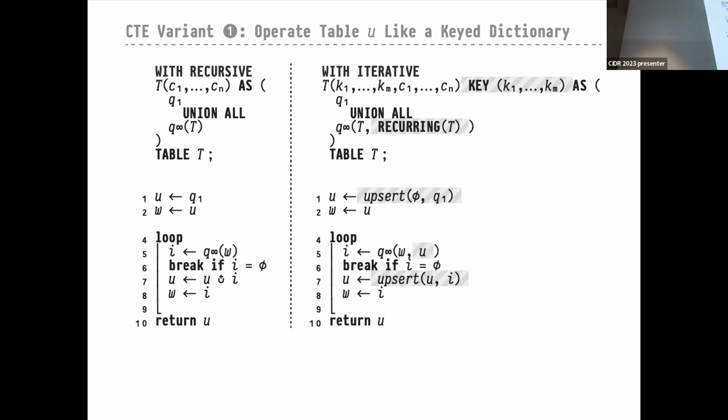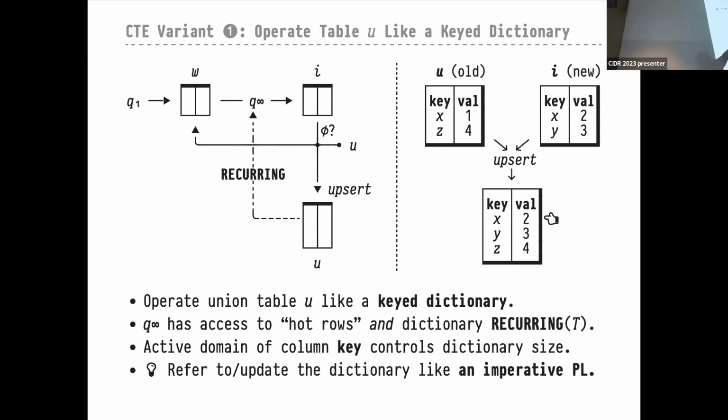And as you can see here, unlike in the original variant where we just dump all the intermediate results that we've seen onto U, we use the new intermediate results to update, to upsert U, and to obtain an updated version of these results. And as you can see here, Q loop indeed can read, if it likes, these updated versions of these intermediate results. All right. So that would be the new picture here.